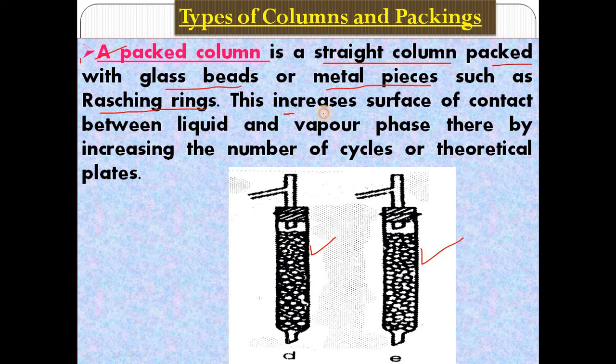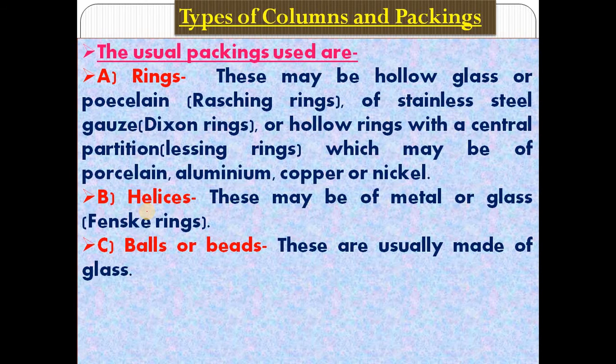Such columns increase the surface of contact between the liquid and vapor phases, thereby increasing the number of cycles or theoretical plates. When the number of theoretical plates increases, we get a pure distillate. Such columns are called packed columns, and these are examples of packed columns.